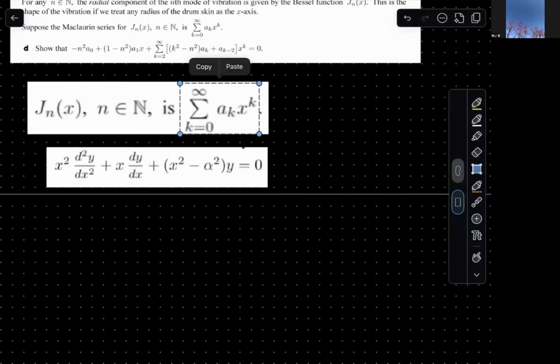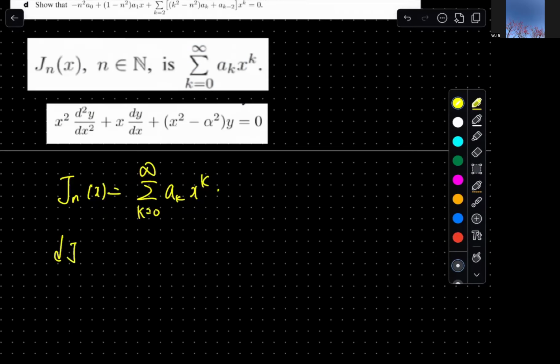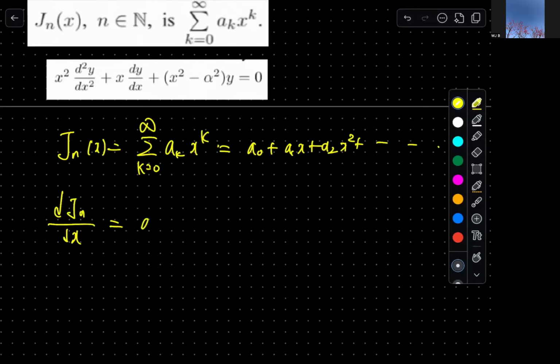My Jn of x is given to be sigma a_k x^k, when k goes from 0 to infinity, suggesting I start with the constant term. If you differentiate the power series, which has a constant term, then a1x, a2x squared, and so on, I get a1 plus 2 a2x, 3 a3x squared, and so on.